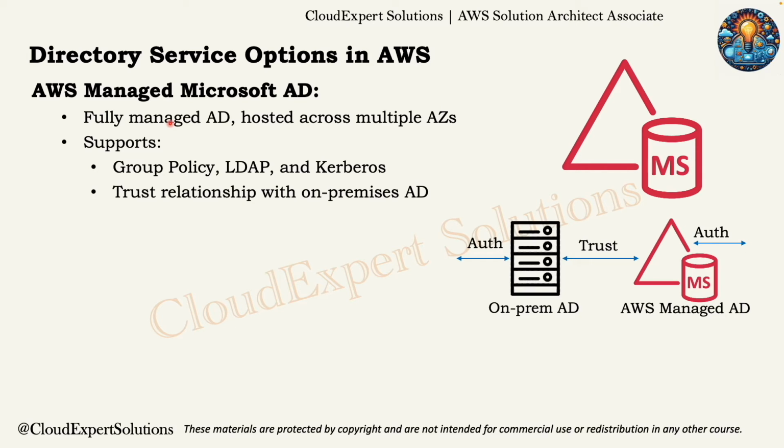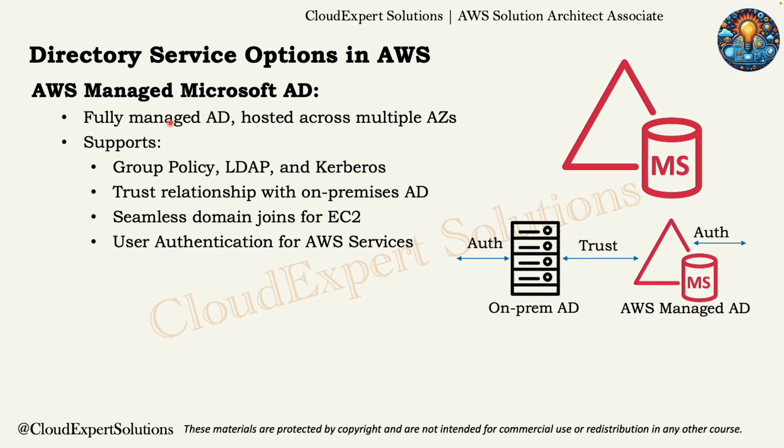It also supports trust relationships with on-premises, and you can have a one-way trust or two-way trust relationship established. It also provides seamless domain join for your EC2 Windows systems, and also user authentication for AWS services like RDS SQL Server databases, WorkSpaces, or even QuickSight.